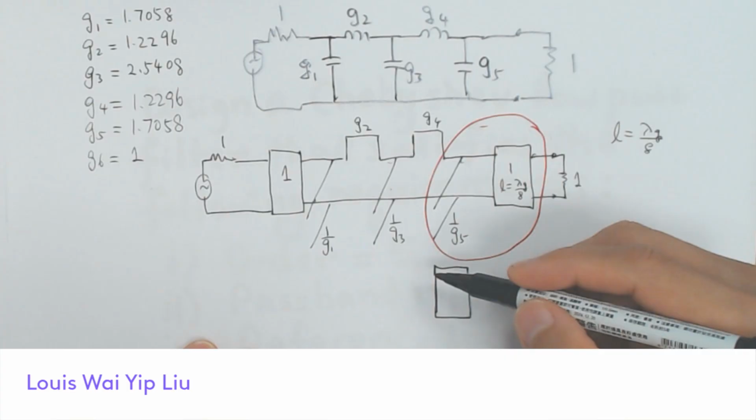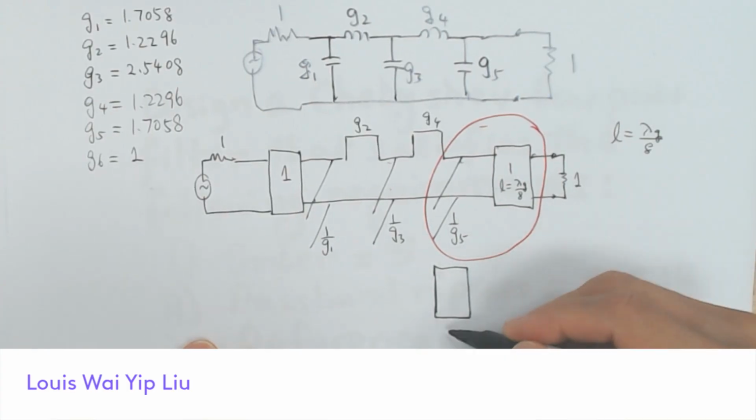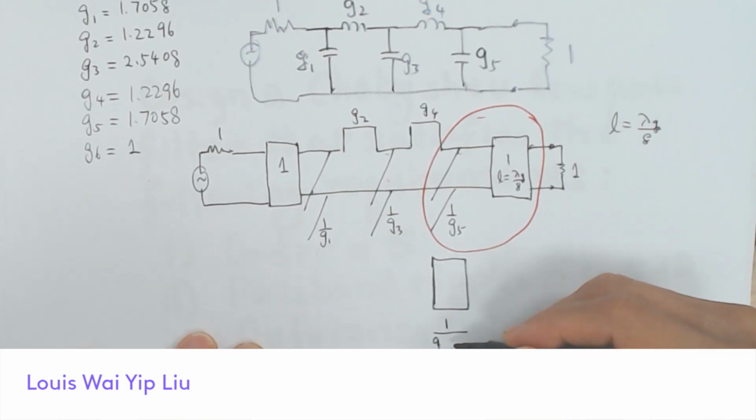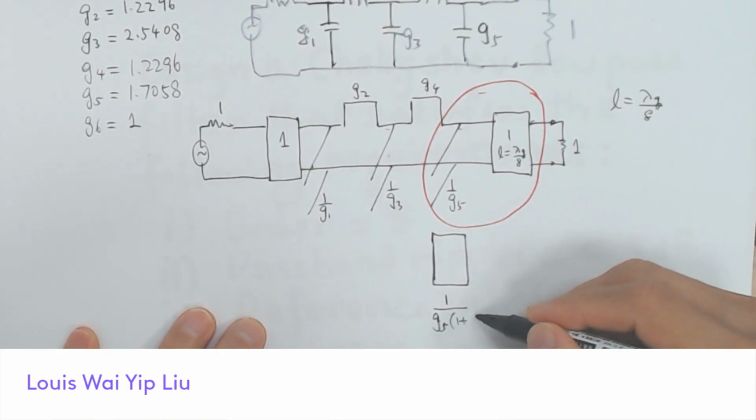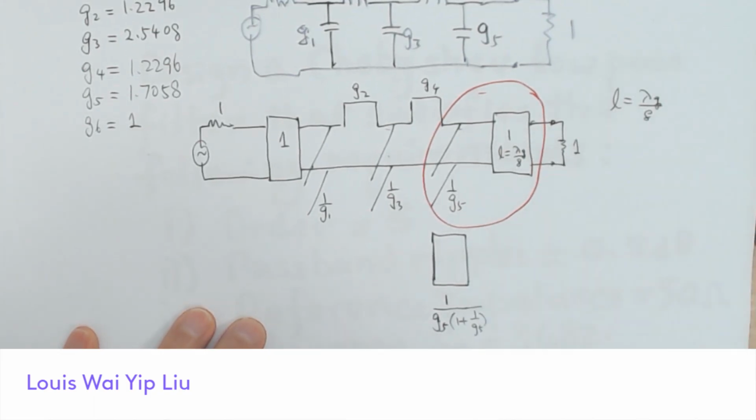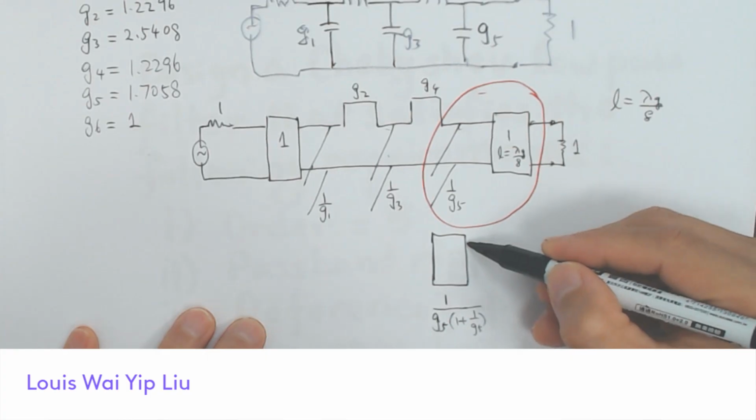The characteristic impedance here is 1 over G5, and then 1 plus 1 over G5. Because the impedance here is 1, so that's why we have this formula.